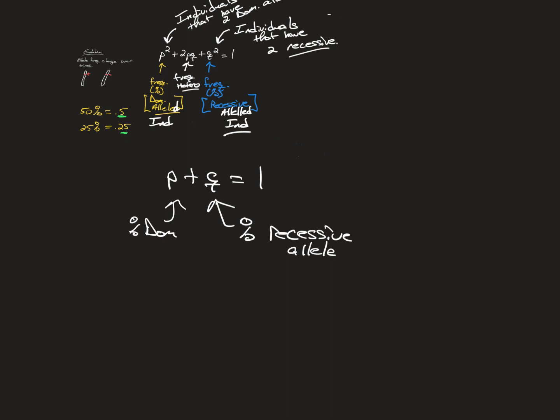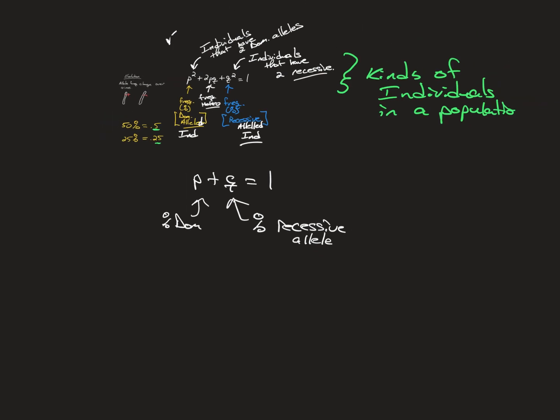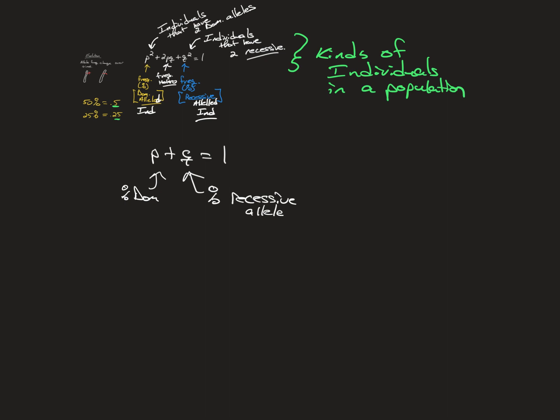So that's where you get those two equations. One equation is talking about the different kinds of individuals in a population. And this is talking about the alleles, the percent of a type of alleles.